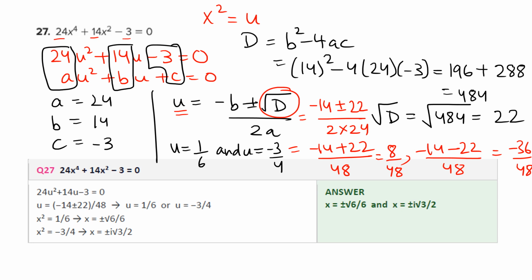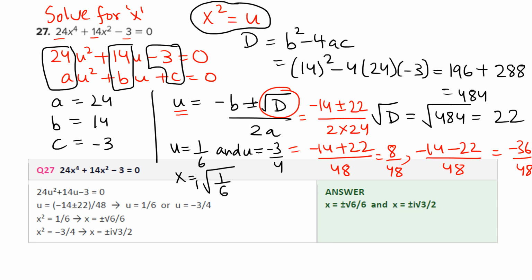Now this is the value of u. In this question you have to solve for x. You need to find x. So we are going to come back to this equation. That value of u is x square, and take the square root. If I replace u with x square, then the value of x is going to be square root of 1 by 6. Again it will be both signs, plus and minus, but this time there is a negative sign here. So when I take the square root, I hope you know that iota will come.